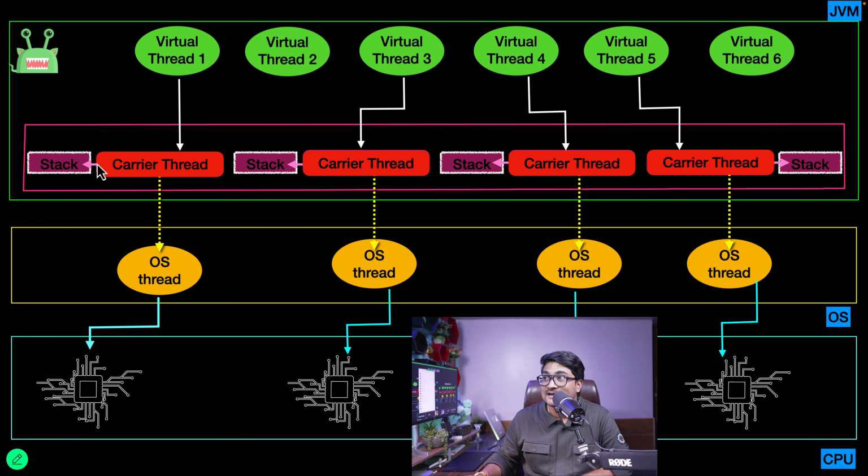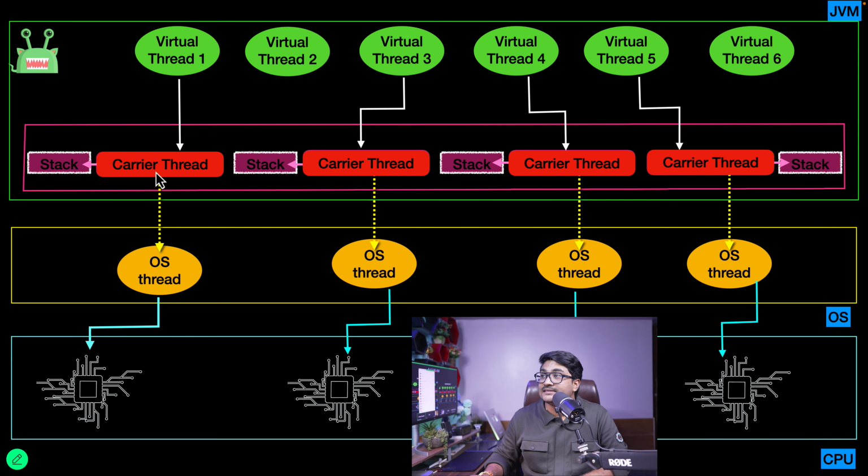That's why I said the virtual threads are objects in the heap, but the virtual thread doesn't have any specific memory. The virtual thread will be attached to the carrier thread, and the carrier thread does have the stack memory. So the virtual thread uses the stack of the carrier thread where it is going to run.